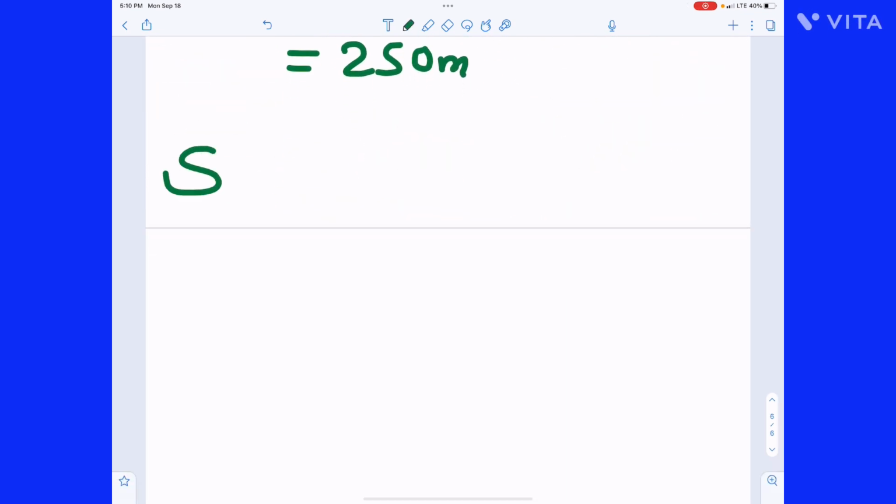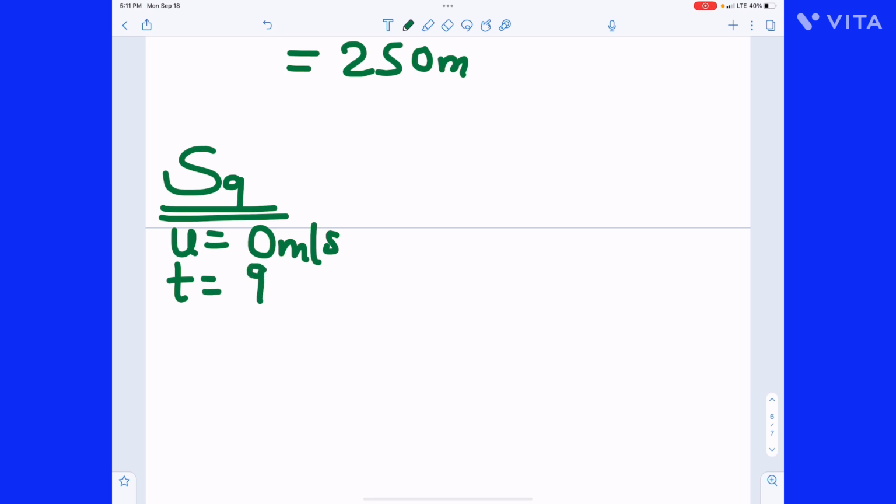Let's now go ahead and find the distance traveled for 9 seconds. Most of the values will still be the same. The initial velocity is 0 meters per second. The time taken will now be 9 seconds.